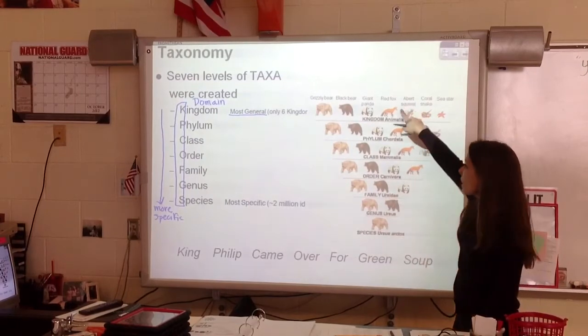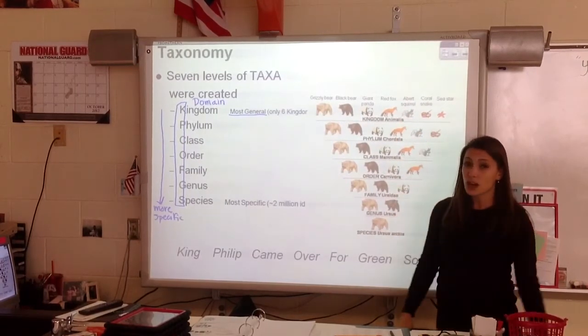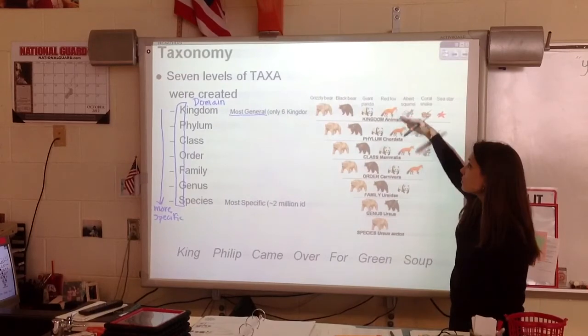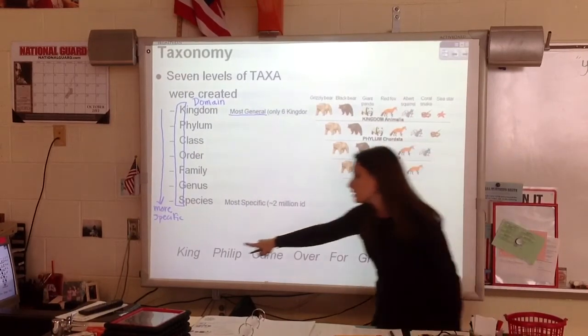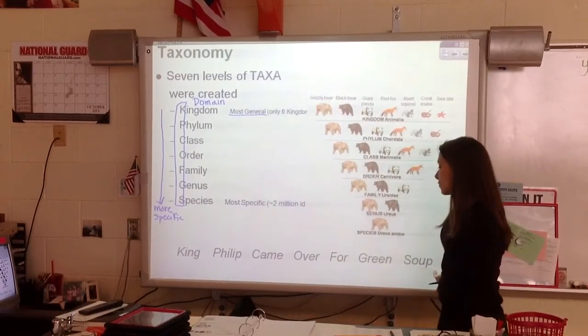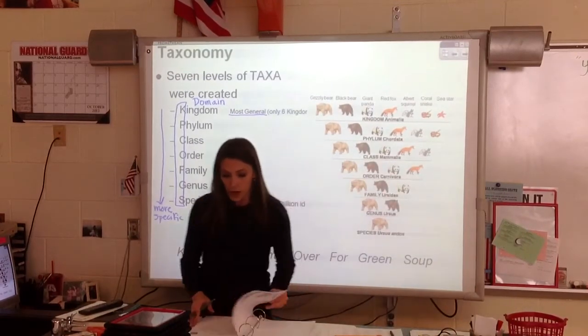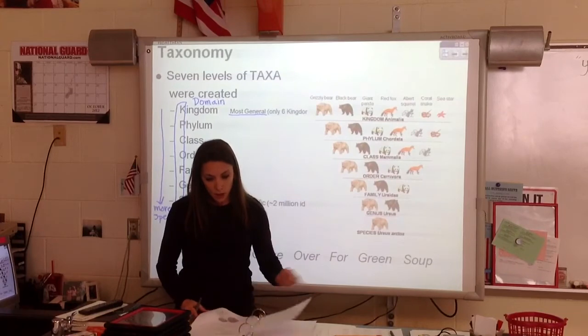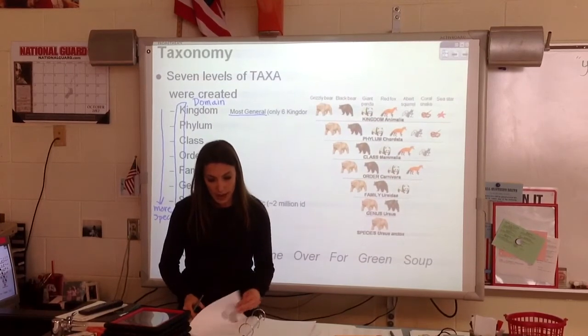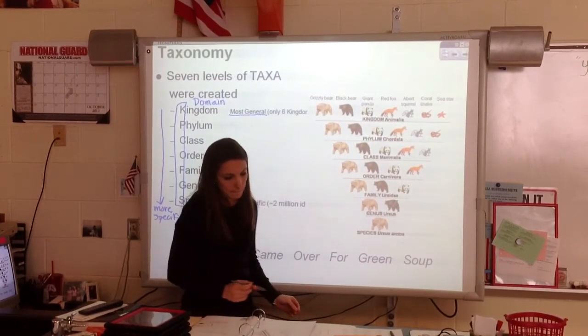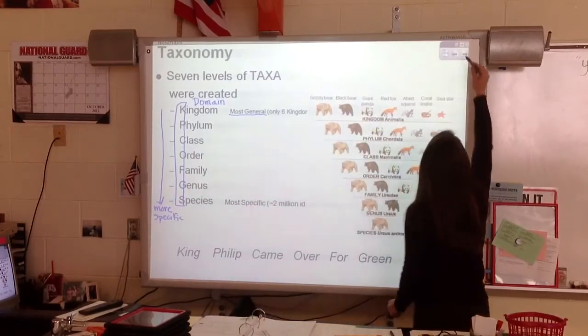So we really want to get good at using these words. You don't have to memorize the words, but you do need to memorize the order. And that's why this saying, King Philip came over for green soup, grape soda, is really, really helpful. So if you don't have that in your notes yet, go ahead and put that in your notes now. So it's there, so you just need to really highlight it.